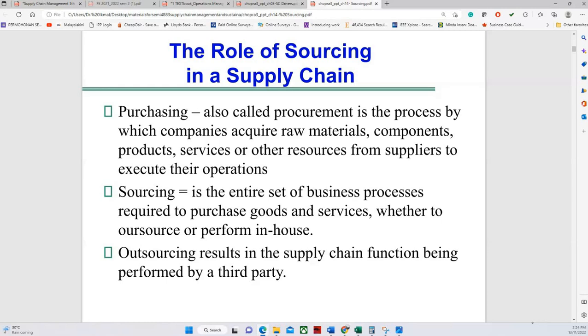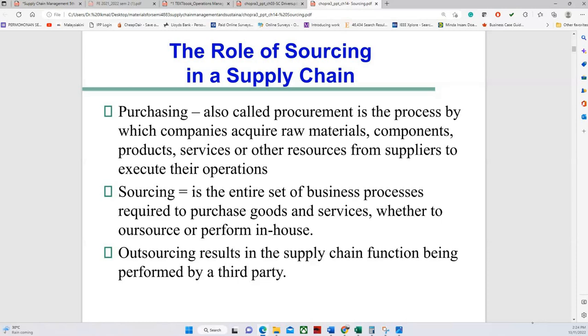So let's say, for example, if you want to manufacture a car, the metal sheet from the vendors has to go through the purchasing stage before they allow you to procure that metal sheet from vendors.